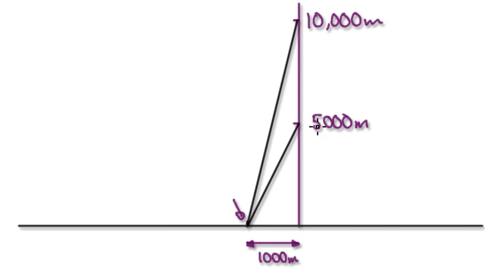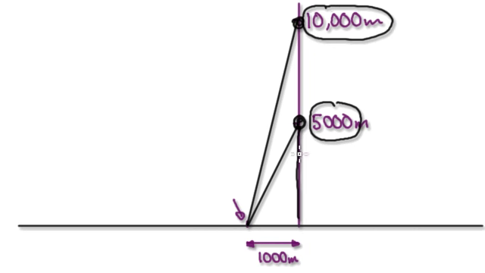So the camera is here. Let's say the rocket is here. So when the rocket has traveled 5,000 meters, the rocket is at 10,000 meters. You can see that this angle theta here is much bigger than this beta here.